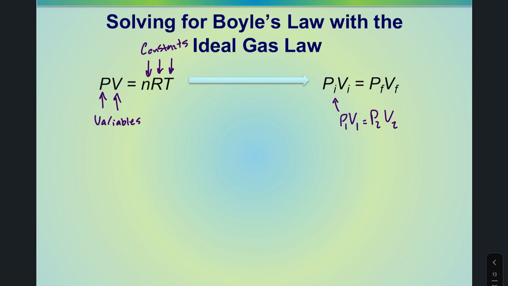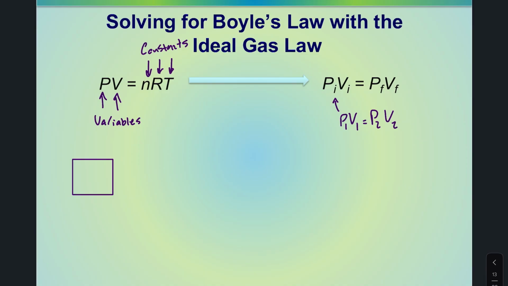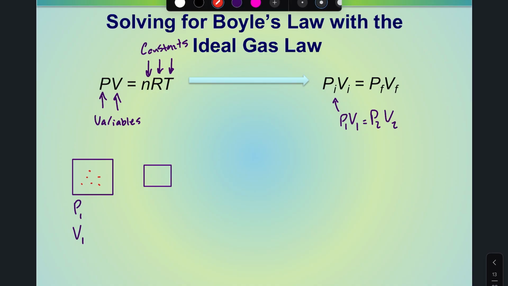So let's say that we have a container. Initially we have some pressure, P1, and we have some volume. Now, if we make that box smaller, let's say that there are some gas molecules in there.